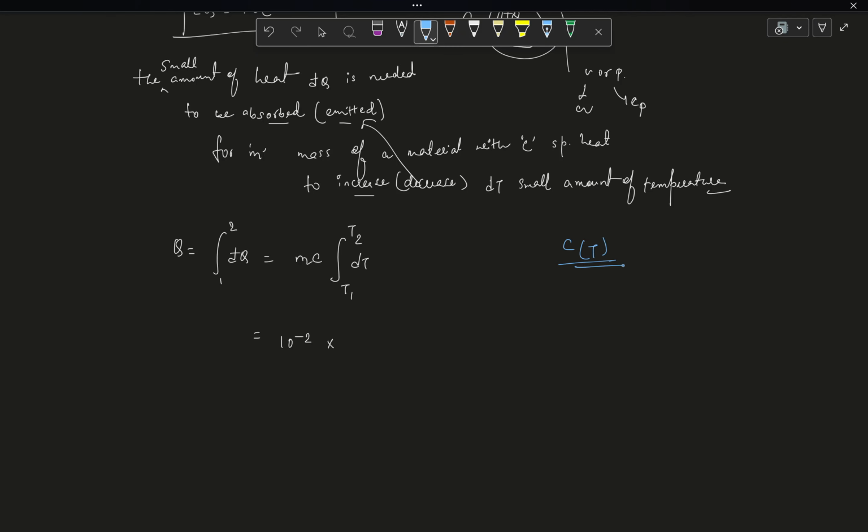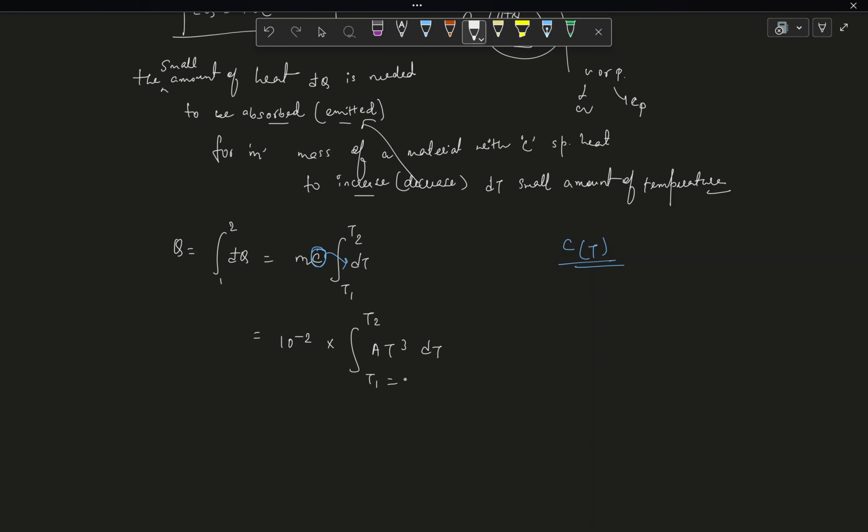So C is a function of temperature. So this C cannot be outside the integral when the integral is itself over temperature. So that has to be inside the integral, right? So we modify this, it will be inside the integral, and the C(T) value is given in the question as A times T cube, and the rest of the terms will follow, dt integrated from T1 to T2.